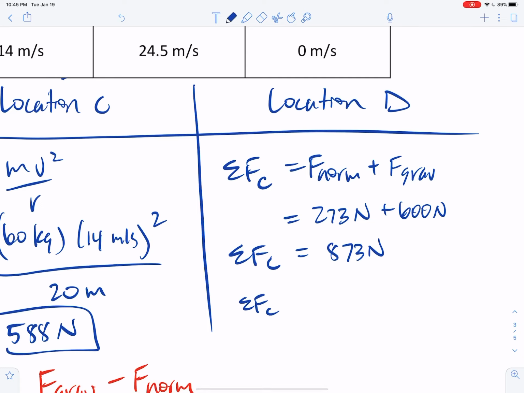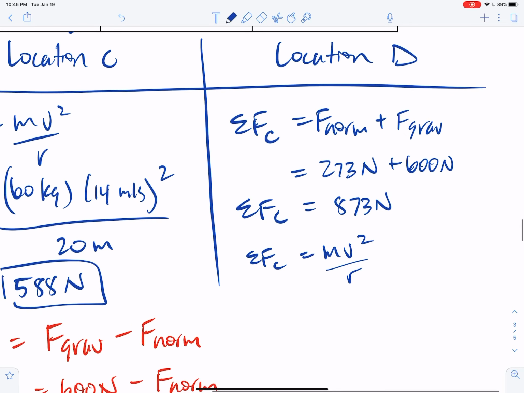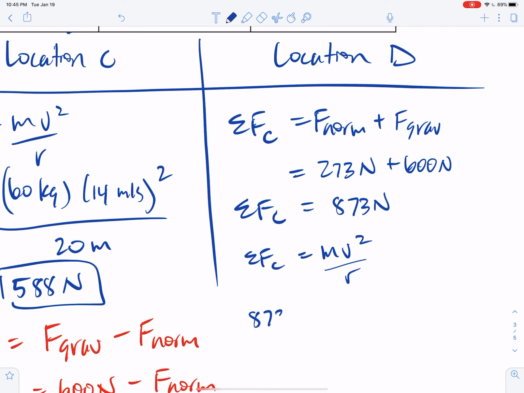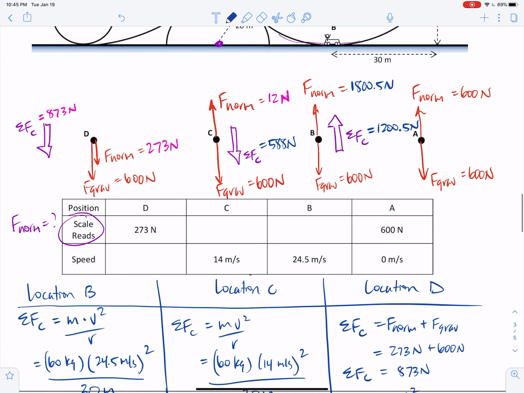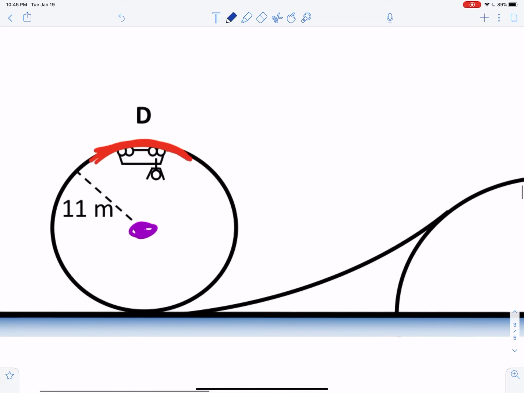Say the sum of the forces in the centripetal direction is also equal to mv squared over r, where this is 873, the mass is 60 kilograms, the velocity is my unknown, the radius is, I gotta go to the picture for that. Can I see it up here? Location D, the radius is 11 meters, right?